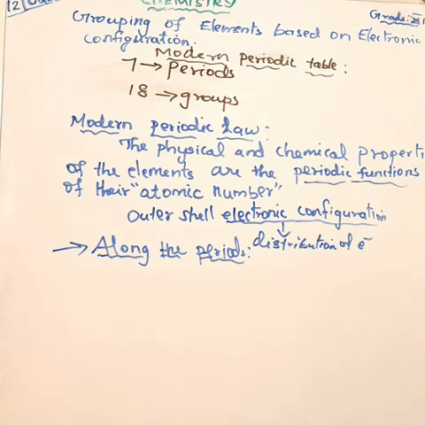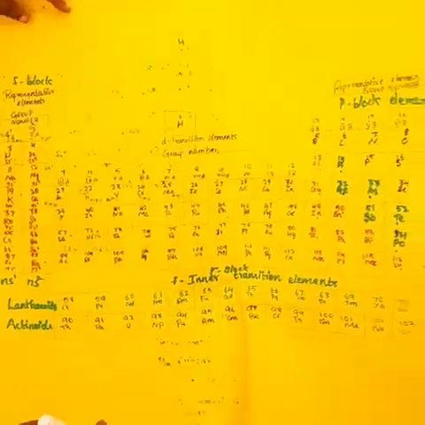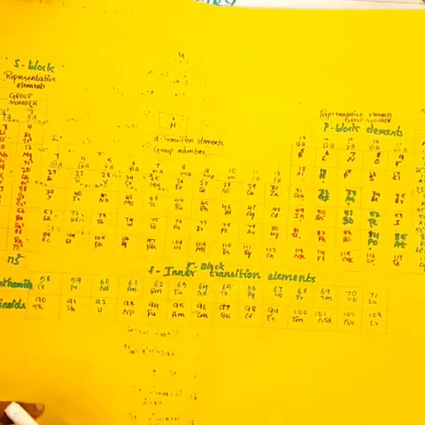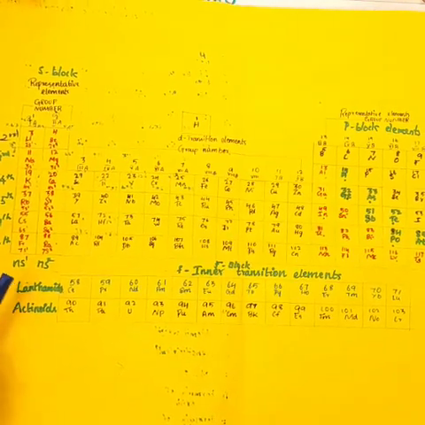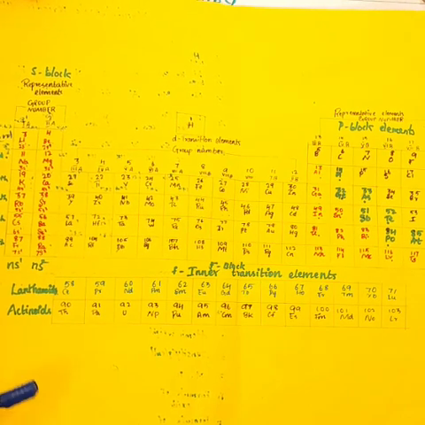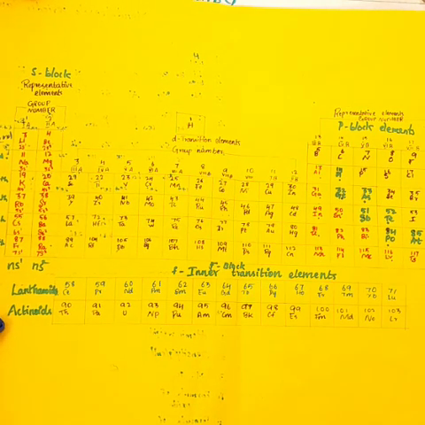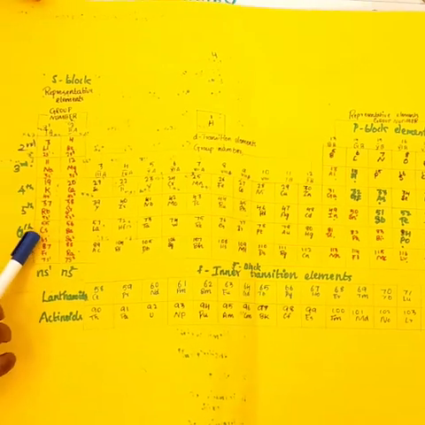We have already learnt that each period starts with an element having the general electronic configuration ns1 and ends with ns2 np6. In the previous section I explained that each period starts with the general electronic configuration ns1.